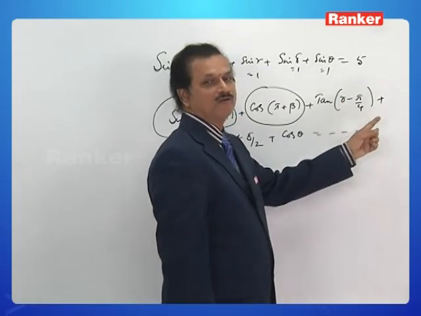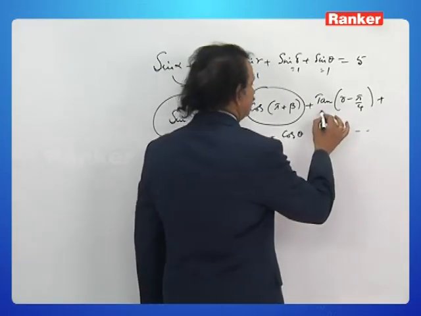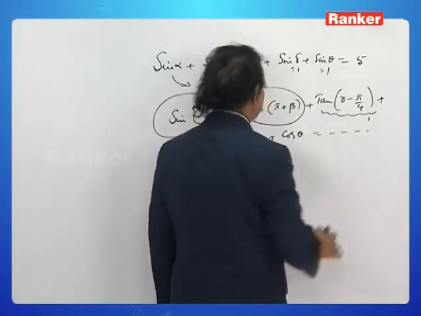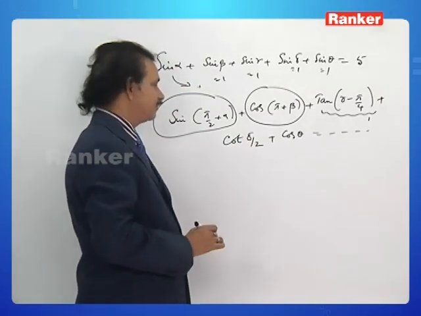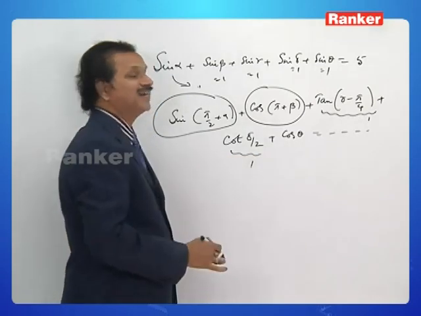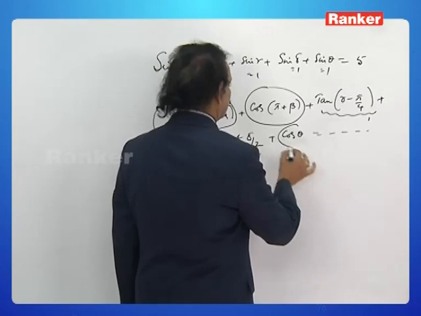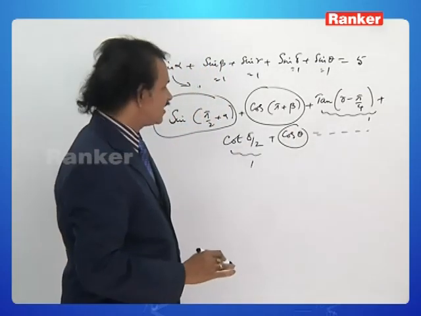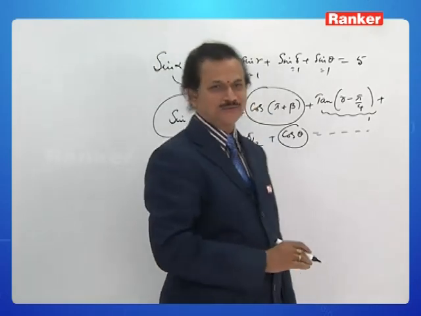Pi by 2 minus pi by 4, pi by 4. Tan pi by 4 is 1. This part becomes 1. Cot of delta by 2. Delta is pi by 2. Delta by 2 is pi by 4. Cot pi by 4 is 1. Cos theta. Theta is pi by 2. Cos theta is 0. So, at last what has been remained? It is 2. Answer is 2.